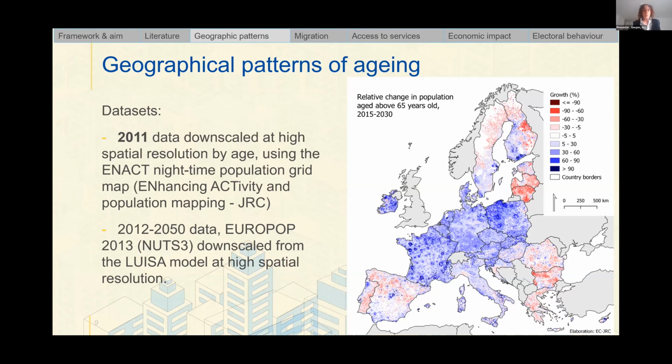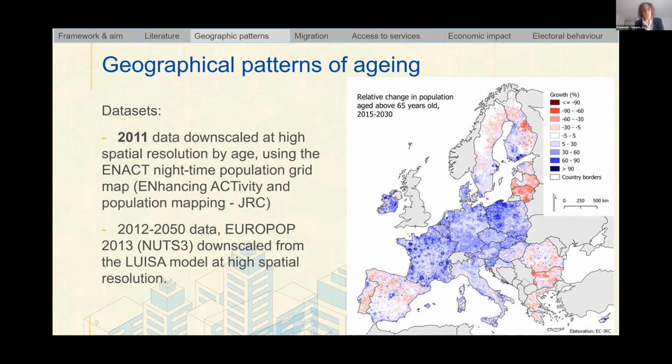Now, let's get to the work that we did, where we looked at geographical patterns of aging, and you can see here on the map the resolution level that we use. We have information about the age distribution at 1 kilometer grid cell level from 2011 to 2050.